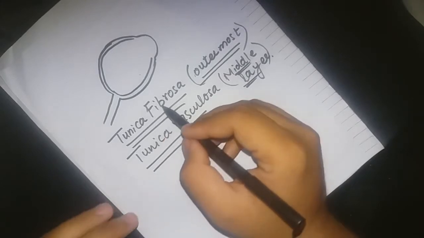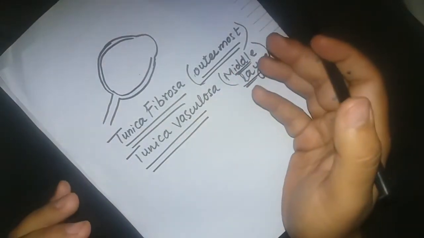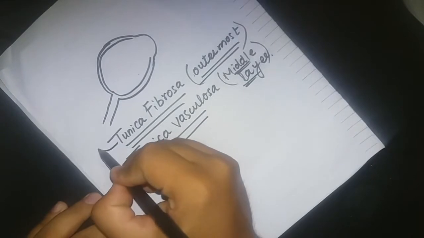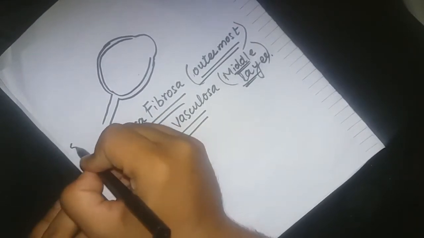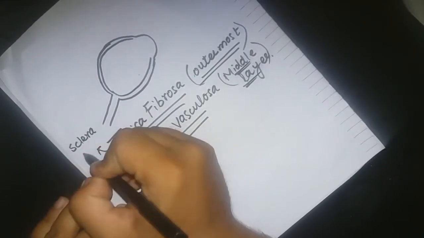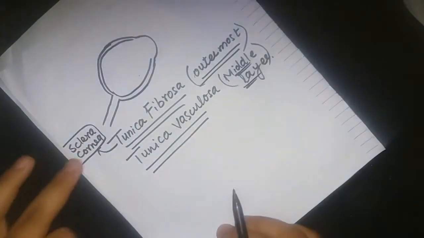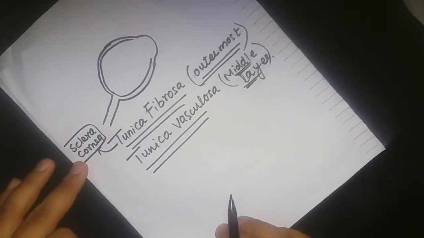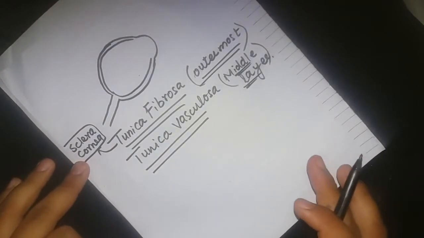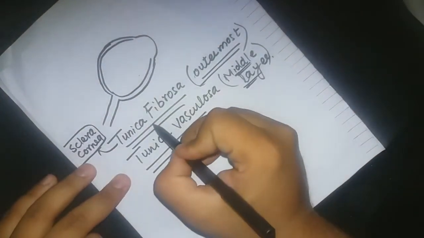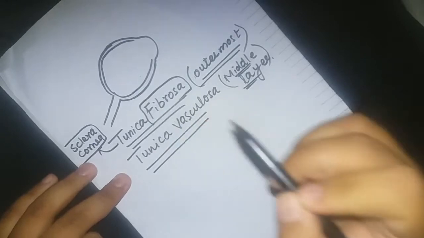This means that the outermost layer contains the sclera and cornea. So sclera and cornea are not vascular layers. As indicated by the name, these are fibrous in nature.